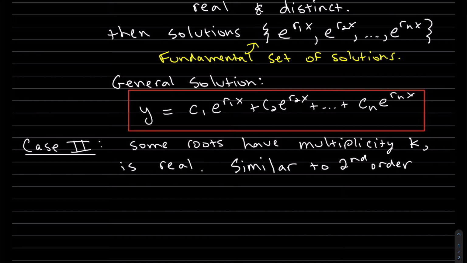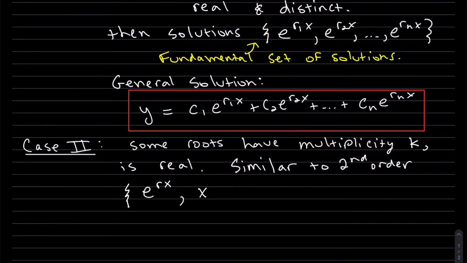So what we have to do is multiply them by some power of x to make them independent. So our fundamental set is e to the rx. There's only one r because it's repeated with multiplicity k.